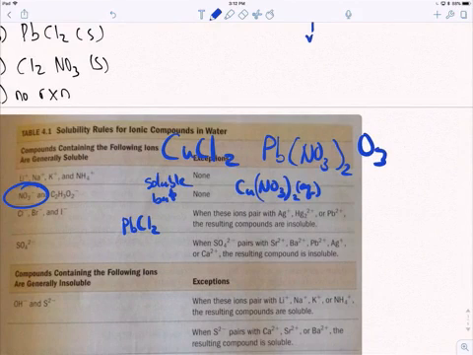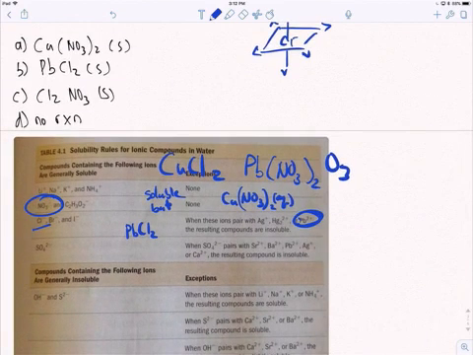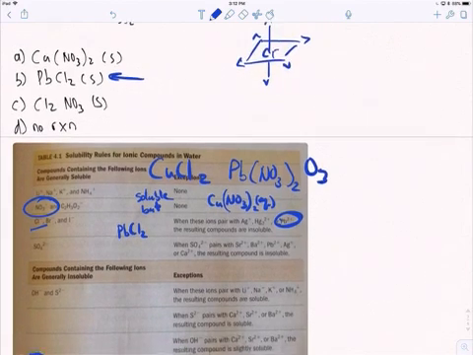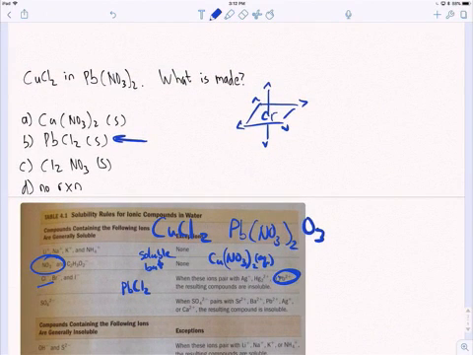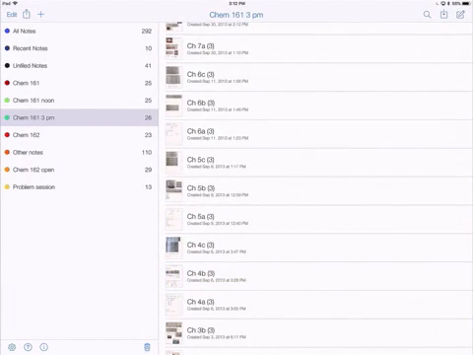What about lead chloride? Is it soluble or insoluble? Chlorides tend to be soluble, but lead is an exception. So because of that, you're going to form a lead chloride precipitate. Is that making sense? Okay. All right then. We've got to go to the next. Questions with that?